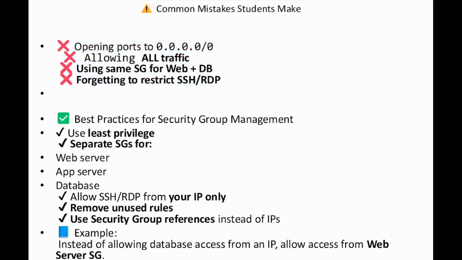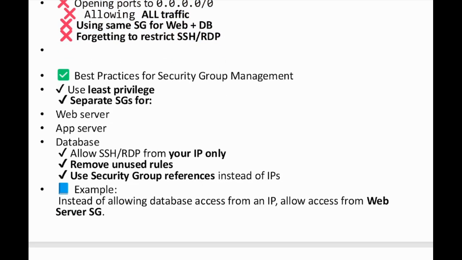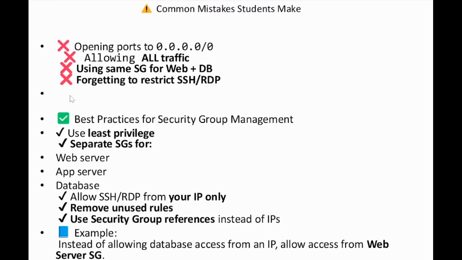Best practices for security group management: use least privilege. Use separate security groups for web server, app server, and database. Allow SSH or RDP from your IP only. Remove unused rules. Use security group references instead of IPs. So keep this in mind.